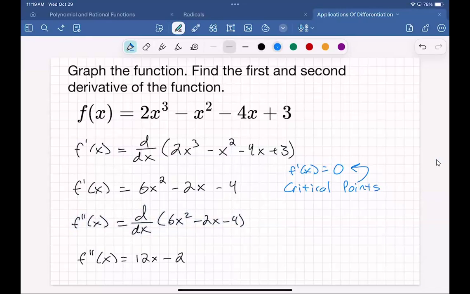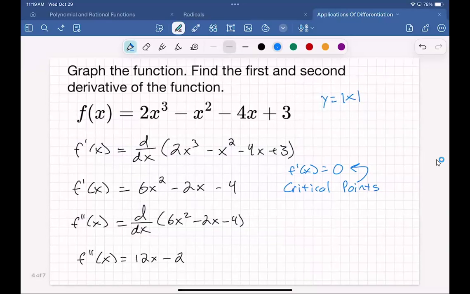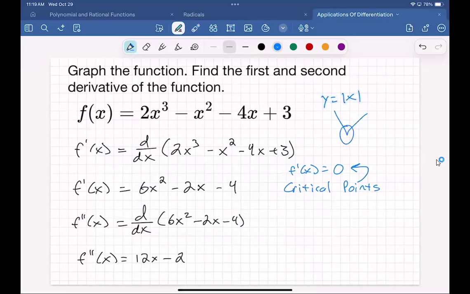Things that we have to be careful of, like an absolute value function, right? If I think about the absolute value of x, what shape does that have again? If we're looking at this from a graph standpoint, a V shape, right? The function is not differentiable when we have sharp corners, right? So we have to make sure to remember, it has no derivative there. Not differentiable. Polynomials, though, we're good because they're all smooth terms.